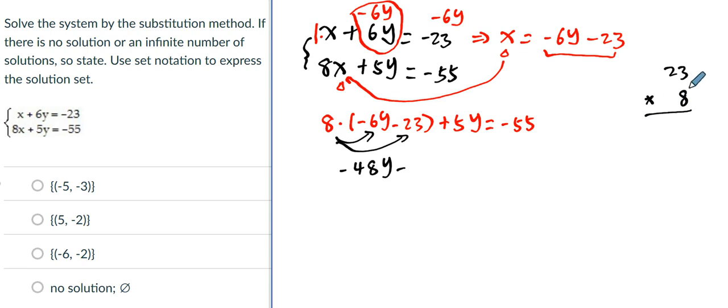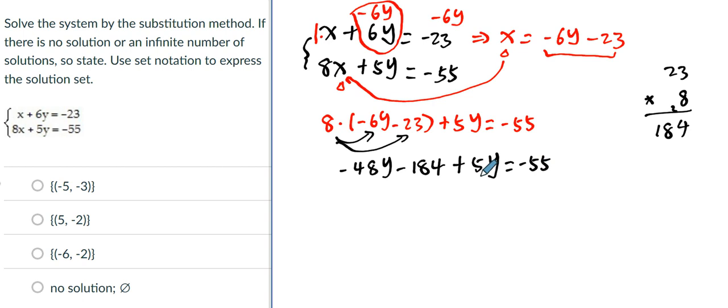We have 3 times 8 is 24. 2 times 8, 16. 16 plus 2, 18. So then we have -184 plus 5y is -55.